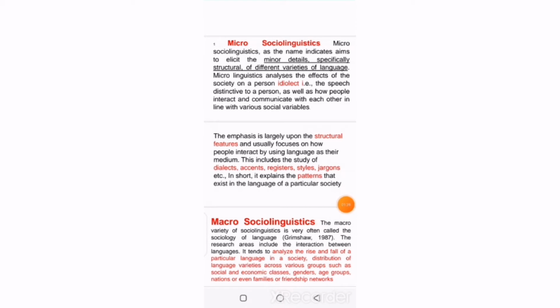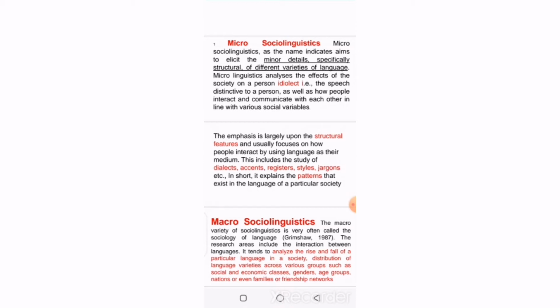There are different subfields which are studied under the umbrella of microsociolinguistics, like dialectology. As it is clear from the name, dialectology is the study of dialects. What are dialects? Dialects are varieties of language which occur within a society.